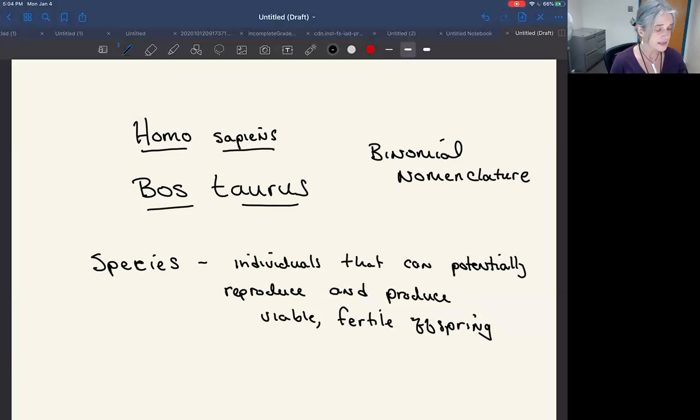Sometimes if we look at a name of something, it might have three names, and that third name is what is called the subspecies. And so subspecies are generally able, if you put them together, to reproduce. But they might be isolated because they might be far enough away in their populations that they don't typically come together to reproduce. And so that is important.